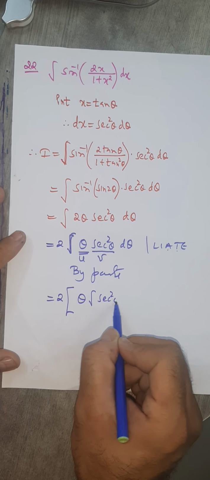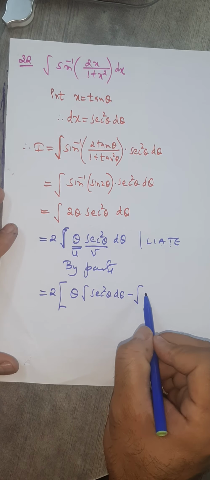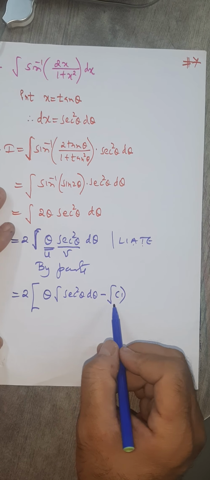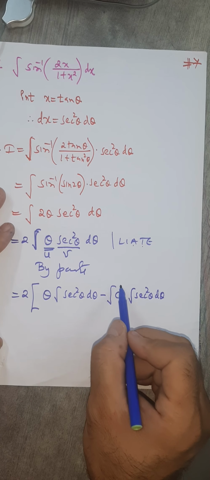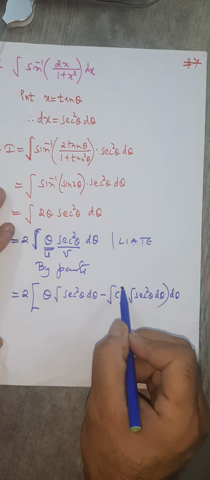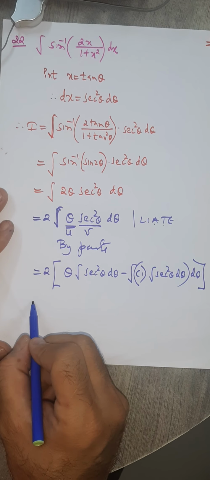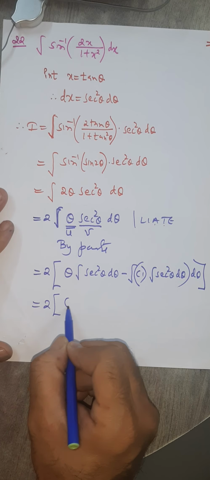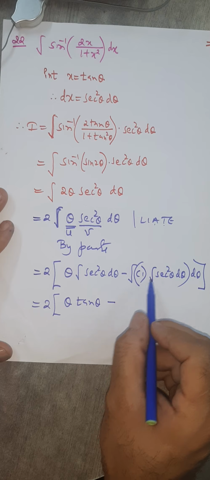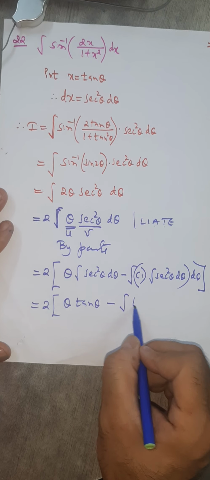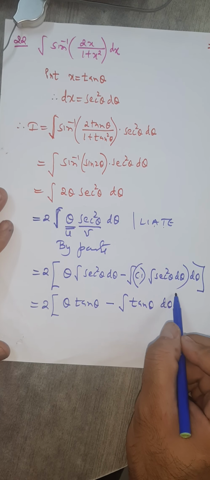Integral of sec square theta d theta minus inside the integral derivative of theta with respect to theta, 1, integral of sec square theta, and then whole d theta. Okay, so here 2 as it is, this is theta, integral of sec square is tan, minus this is tan here, tan theta d theta. This is 1, integral of sec square is tan.